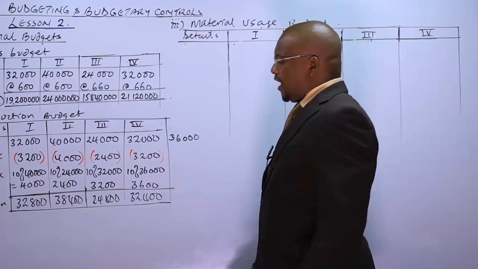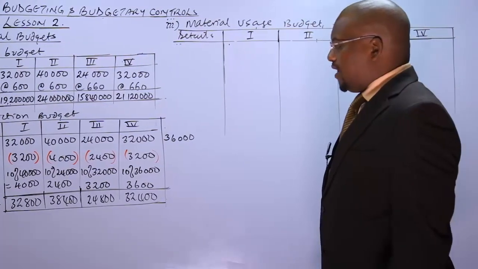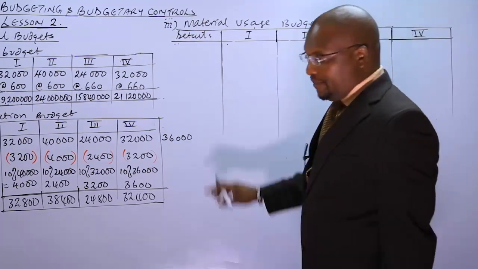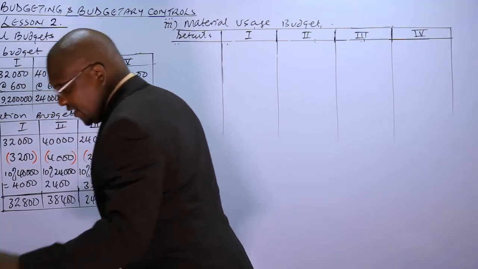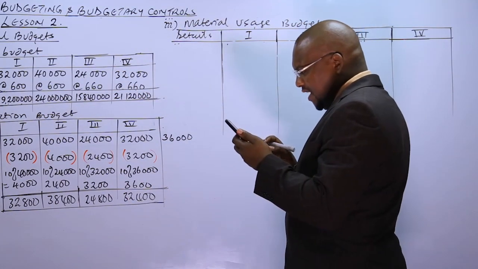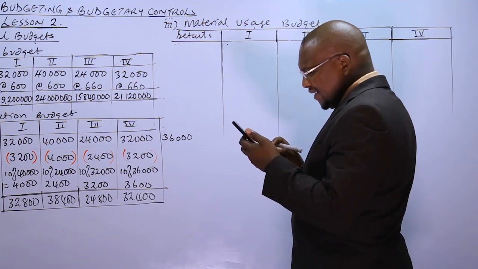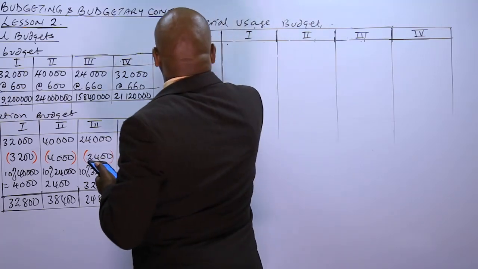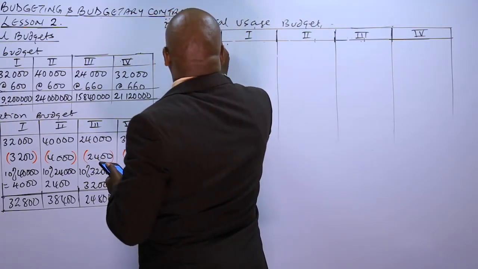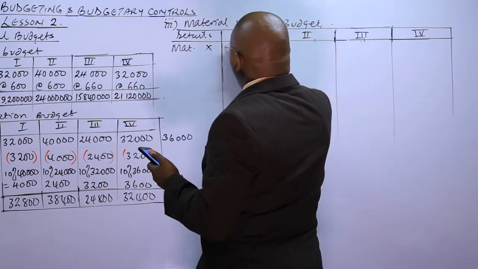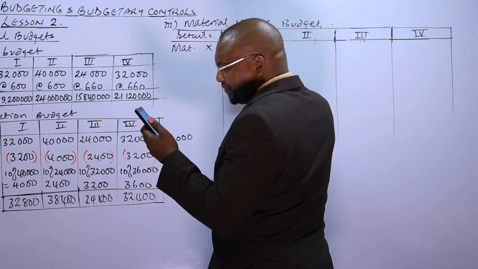So what we do, we are going to have the production for every quarter, and we multiply by the number of kgs per unit. Now we are given that we have material X, material Y, and material Z. So this is material X, and the requirement is 5 kgs.